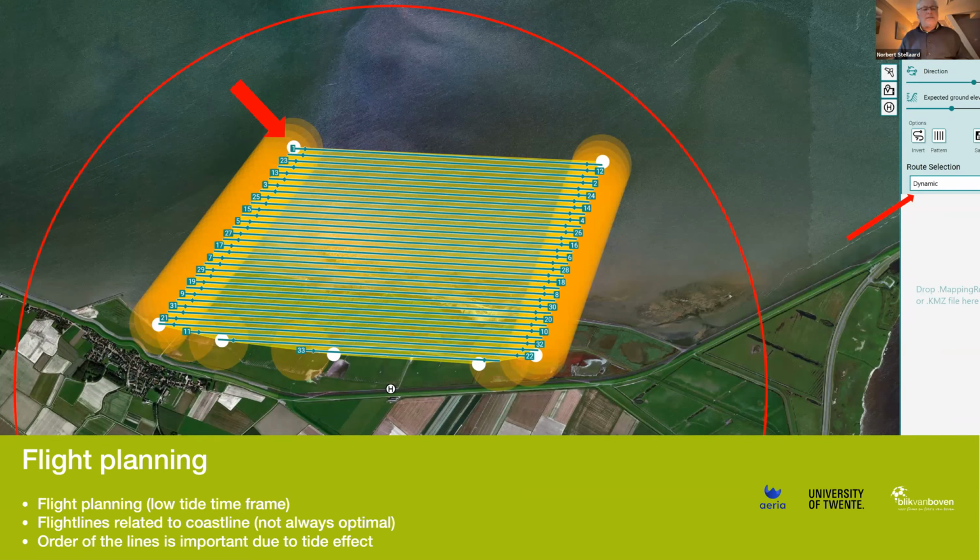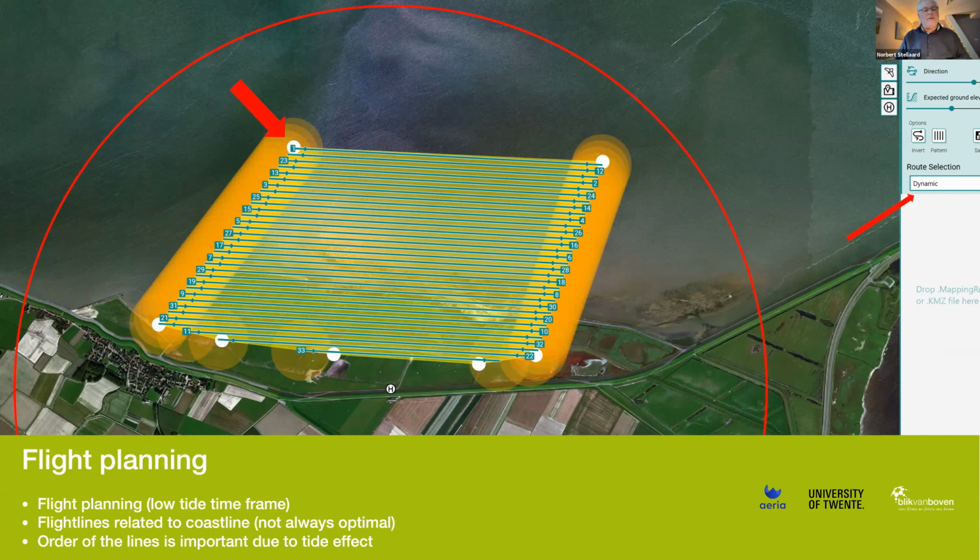What you can see here is that setting up a flight plan in this specific location is quite challenging. We have to take care of the low tide, which I mentioned. We only have 4 hours and the water will flow out, so on top of these lines where you see the arrows. And later on it will come back, of course.